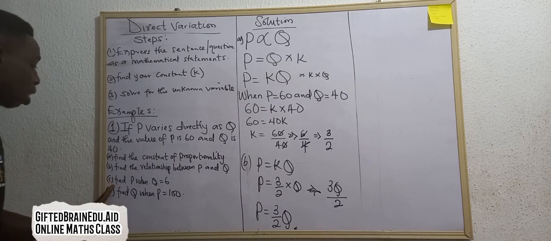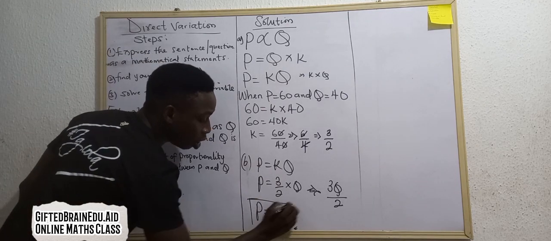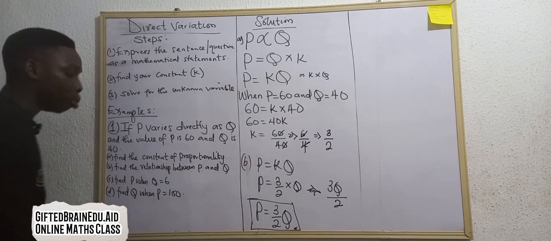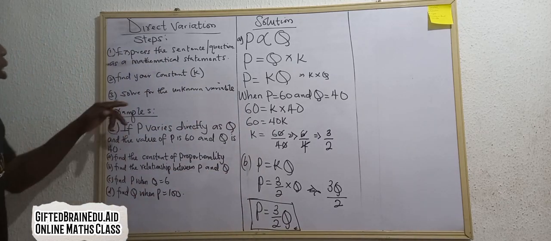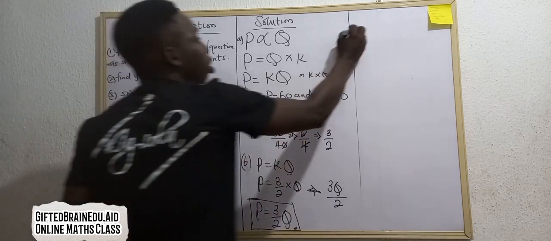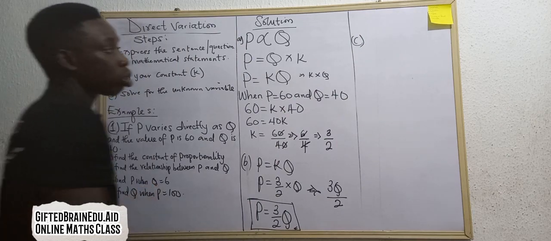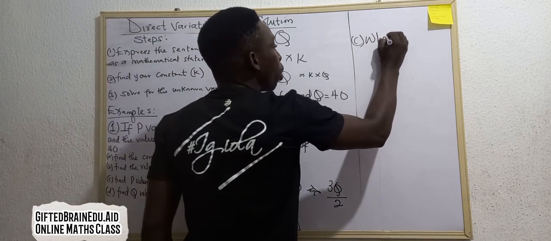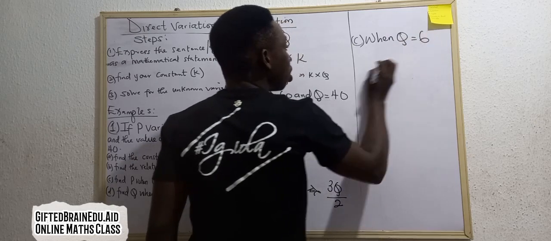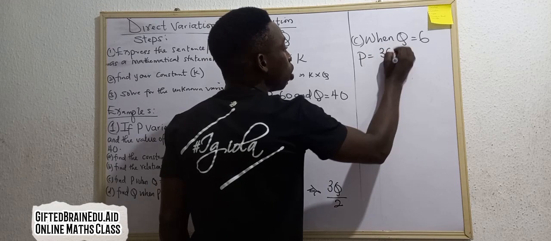Now let's go to the C part of the question. Once you have found the relationship between the two variables, it will be easier to solve for the unknown. The C part says we should find P when Q equals 6. So when Q is equal to 6, don't forget our formula is P equals 3Q over 2.